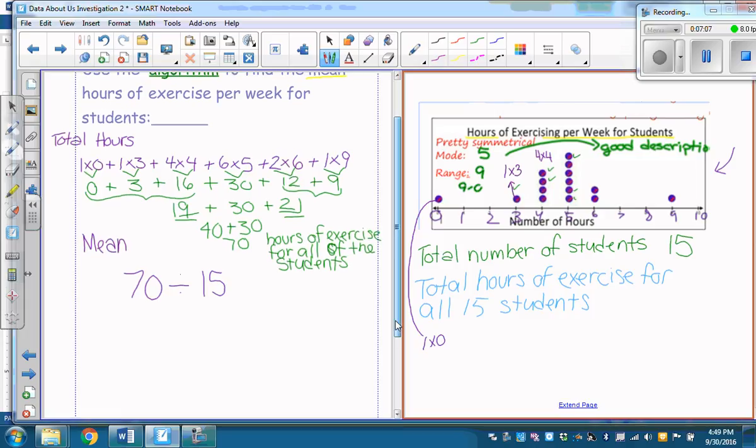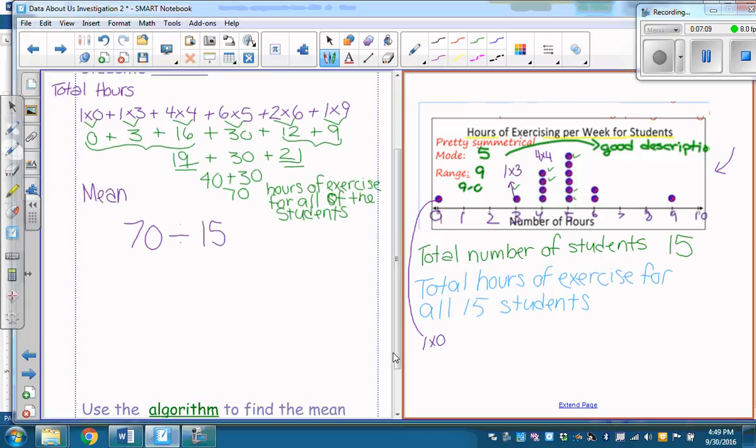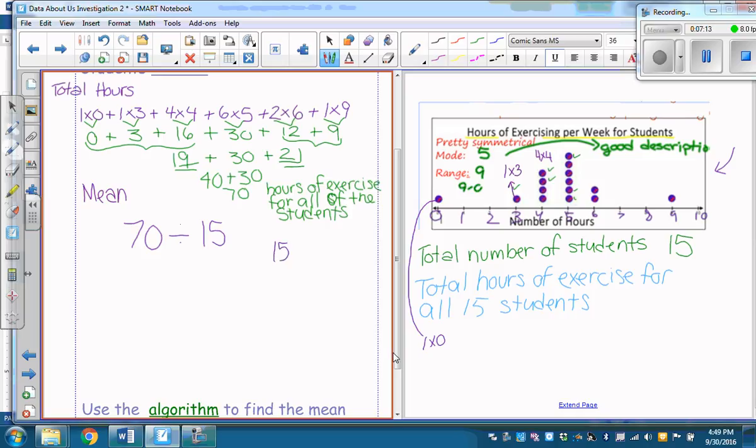So we're going to use a little bit of space here to do long division. So I'm going to divide 15 into 70. 15 doesn't go into 70 evenly, but I know that 4 times 15 is 60. When I subtract, I get 10. So I could say that my answer is 4 and 10/15.